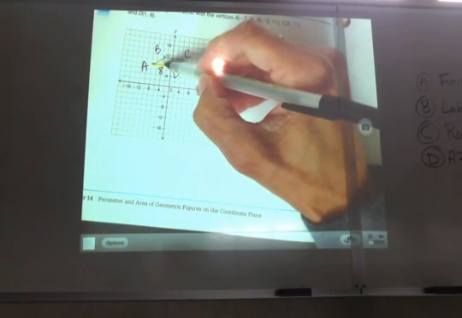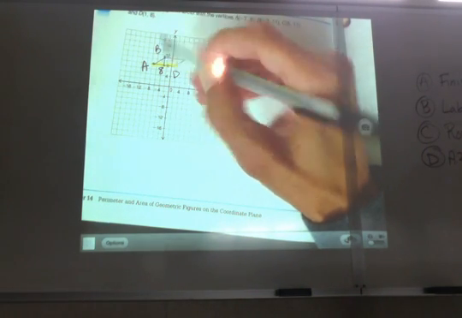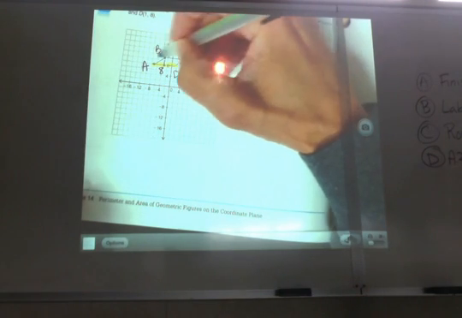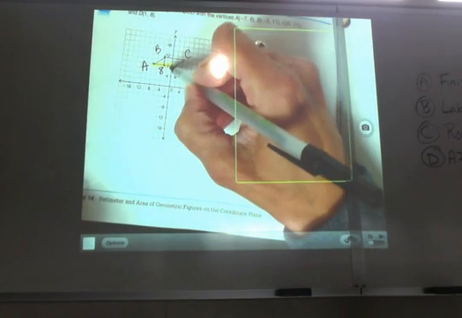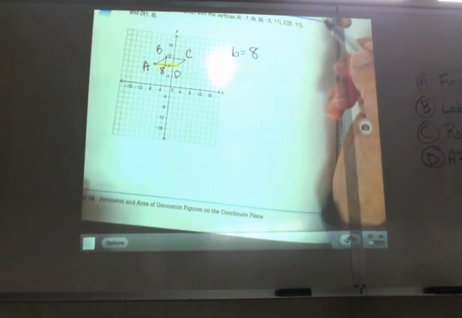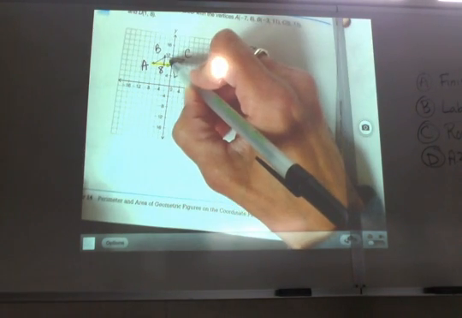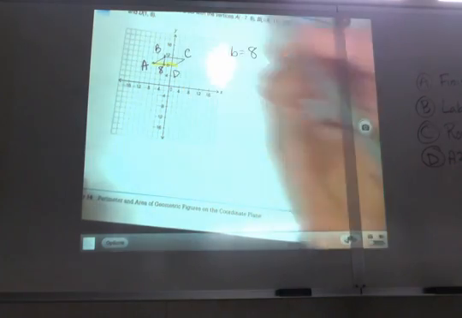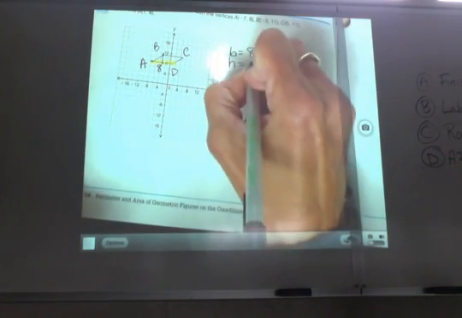Now we need the perpendicular height from the bottom up to the other side, and it looks like 1.5 boxes. One box is 2, and half a box is 1, so the height is 3.